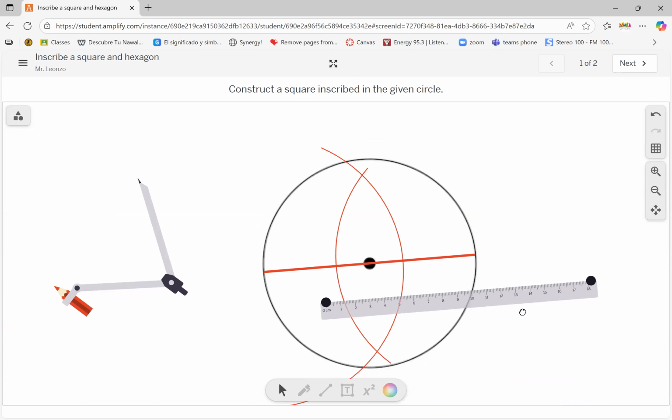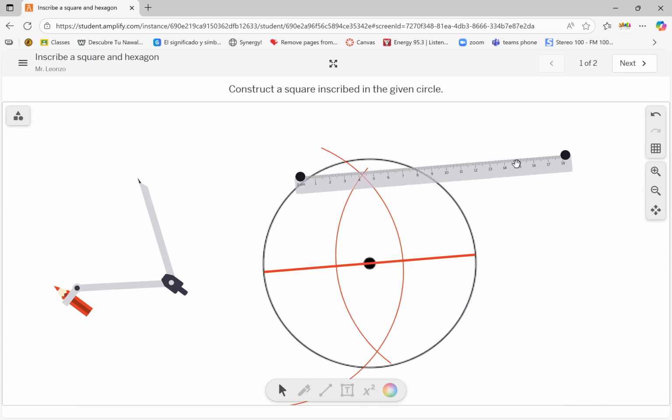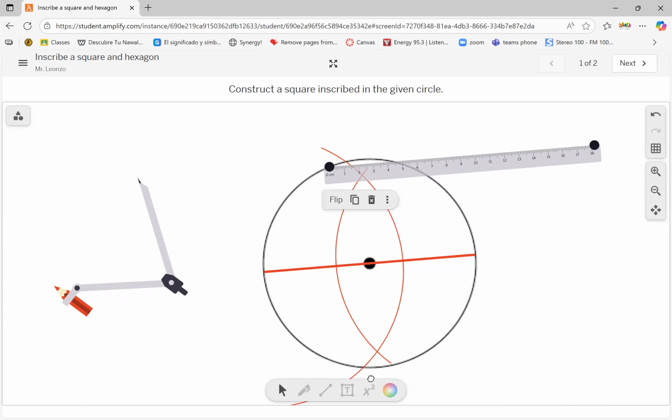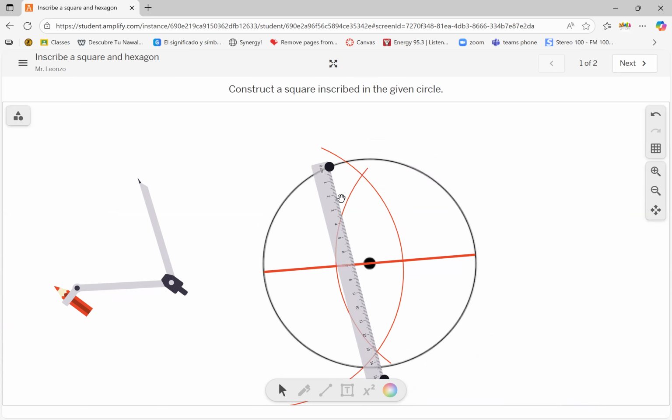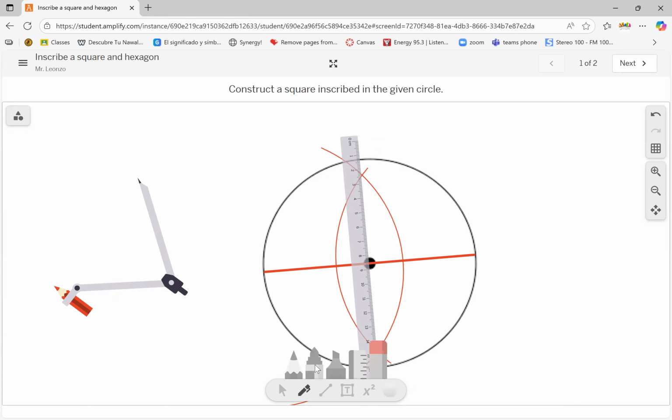I'm going to grab a ruler. Let me flip my ruler here. I basically want to connect the two intersections of my arcs. You guys see the intersections that I made. So I'm going to go through here. Let me move my ruler a little better.